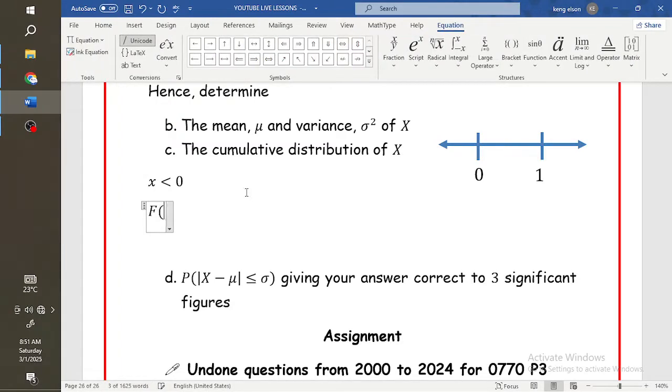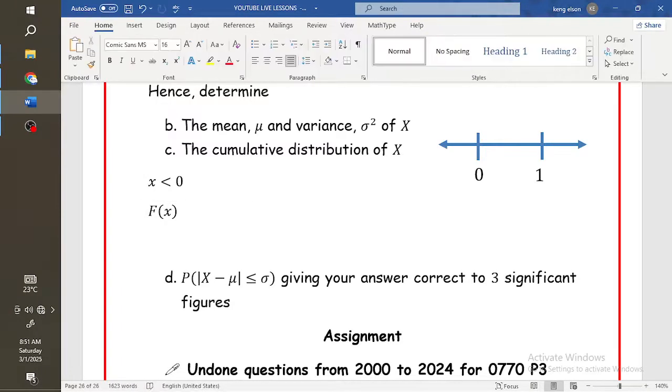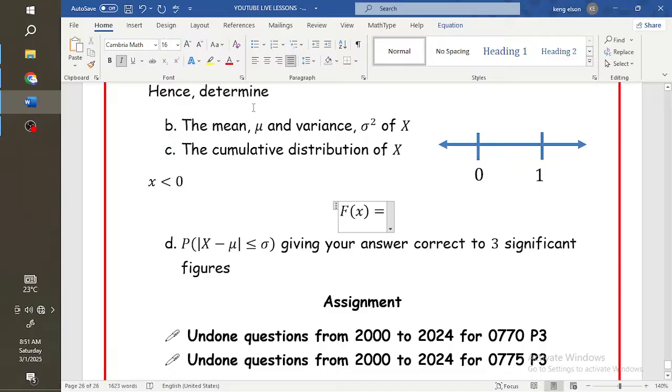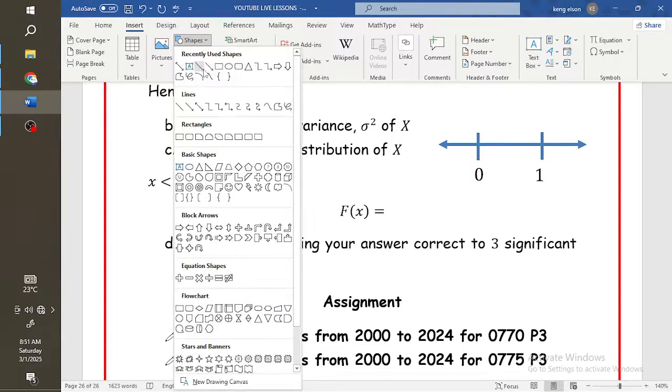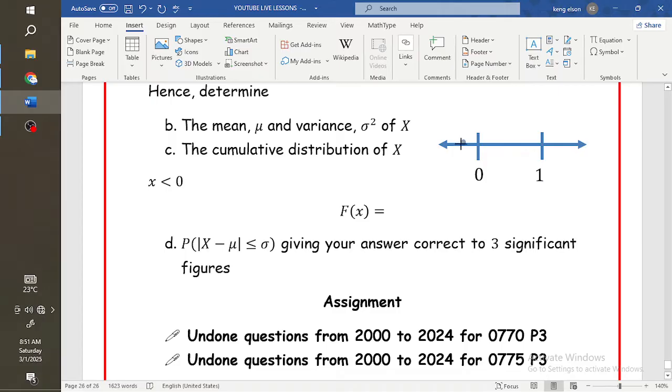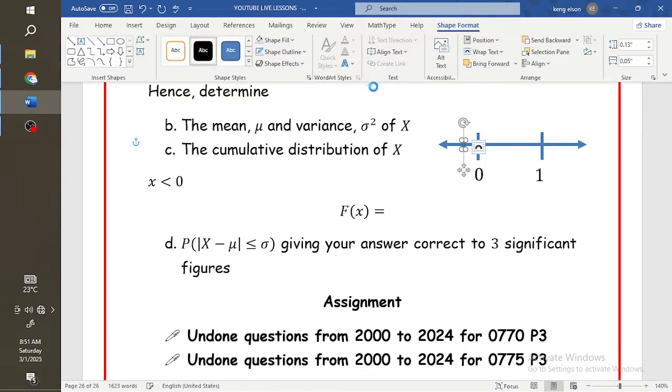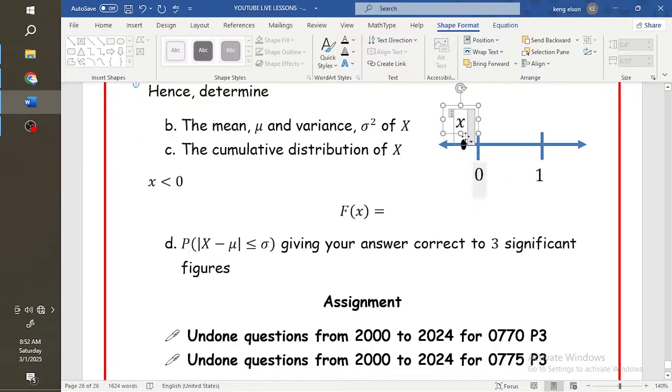So my F of x in this case will be equal to, now whenever you say x is in this interval, what you try to do is just imagine that we have a certain point x that is in that interval. So I have an x that is here.